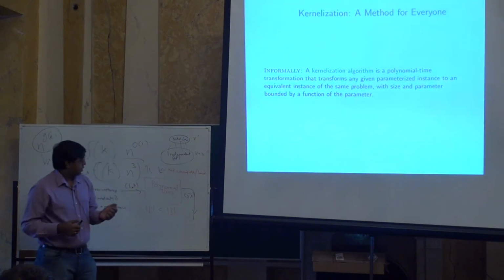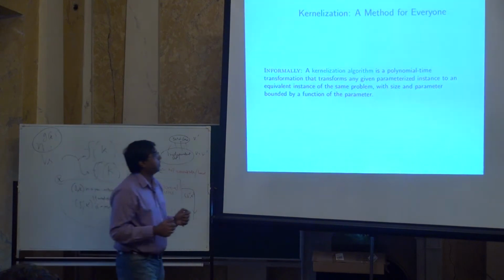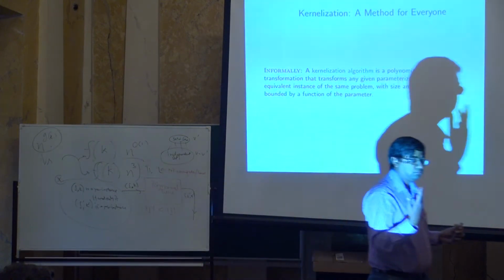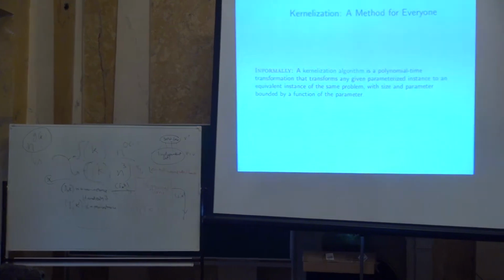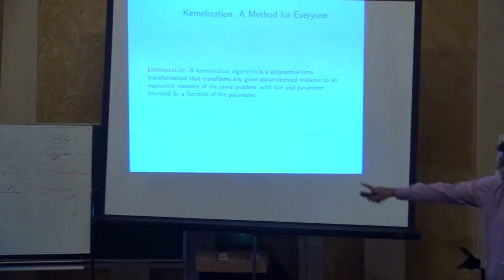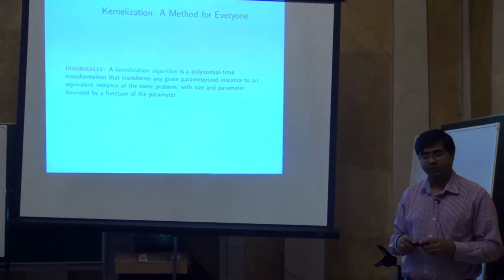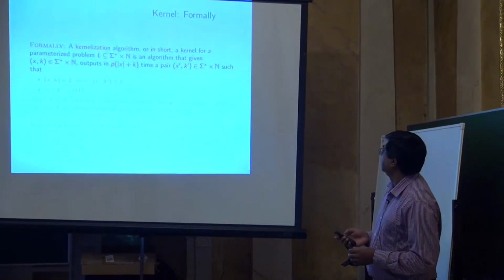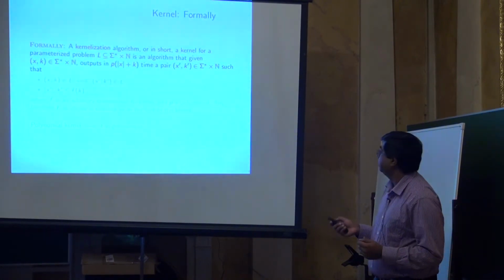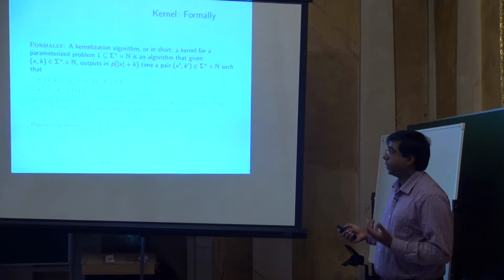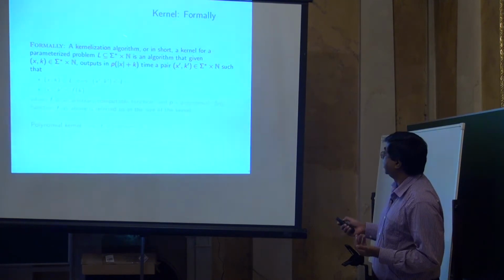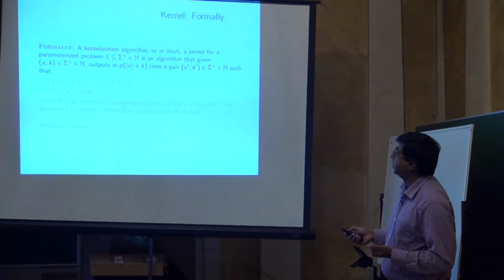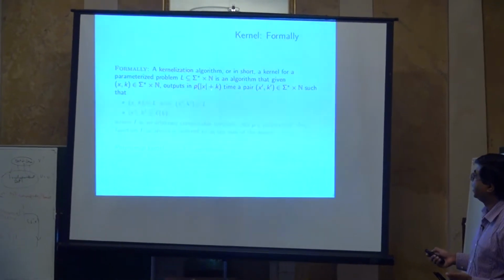So this kernelization algorithm essentially tries to define this part in a formal way. Let's see what it means. So what is this algorithm? It's an algorithm which takes an input, and how much time does it take?